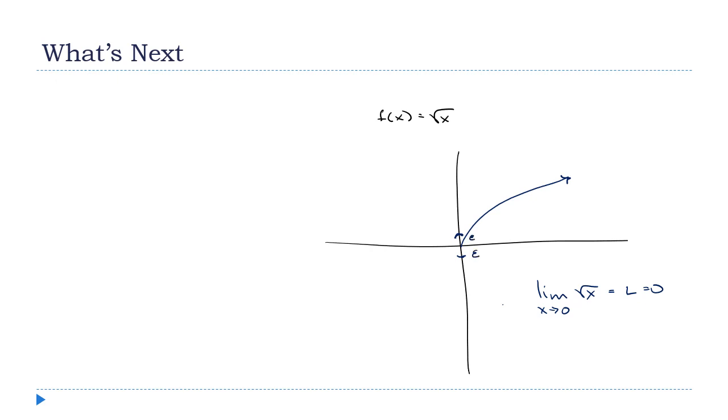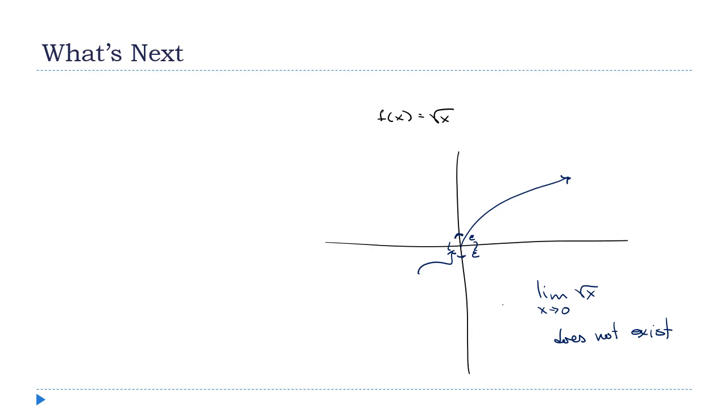I have to be able to find an interval around x equals 0 where every x value in that interval gets mapped into your epsilon interval, and I can't do it, because the function isn't defined over here on the left-hand side. So my conclusion has to be that the limit does not exist.